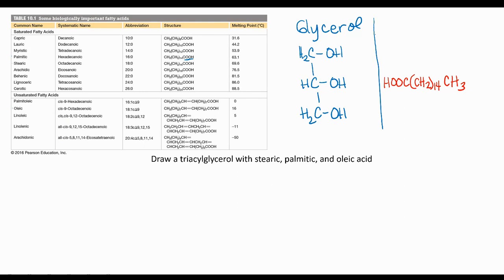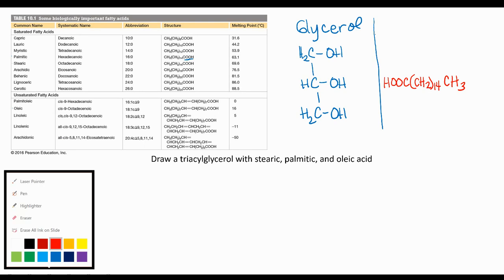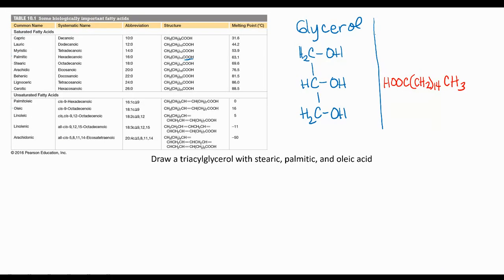So let's do another color. We'll have stearic acid. Okay, so there's stearic acid. I just got it from here. And then our last one that we're going to add in is oleic acid. That one's this one. I'll use a different color for that guy.